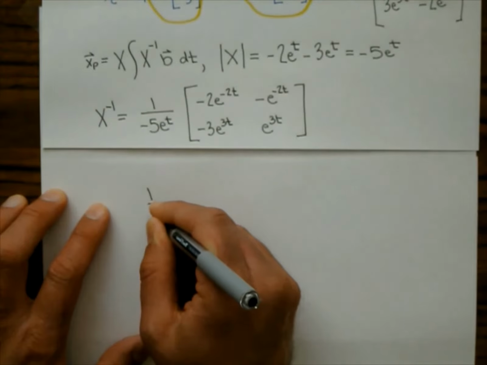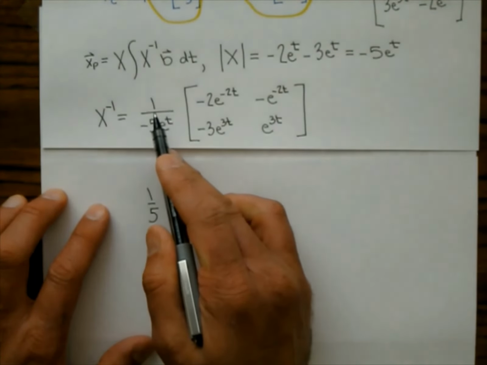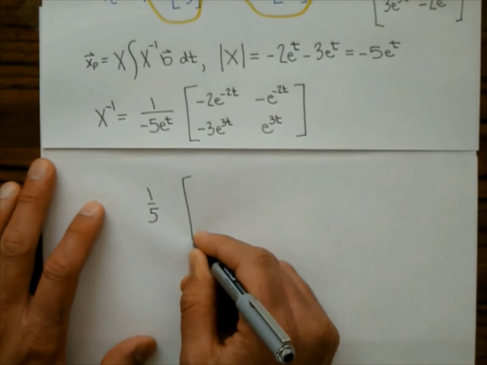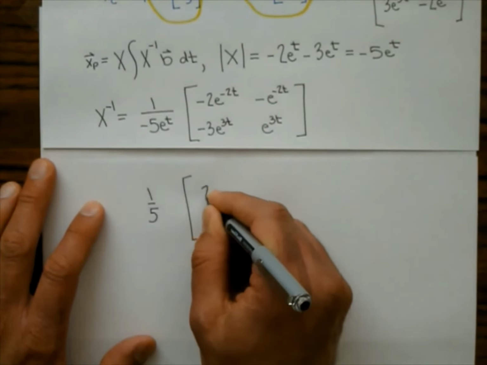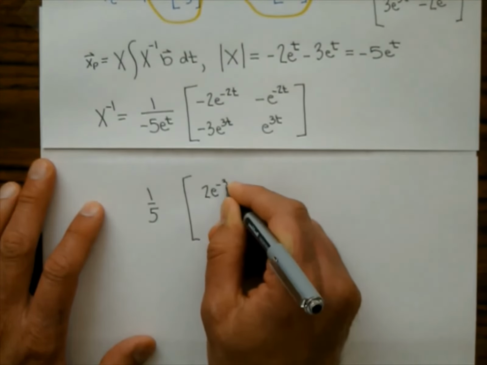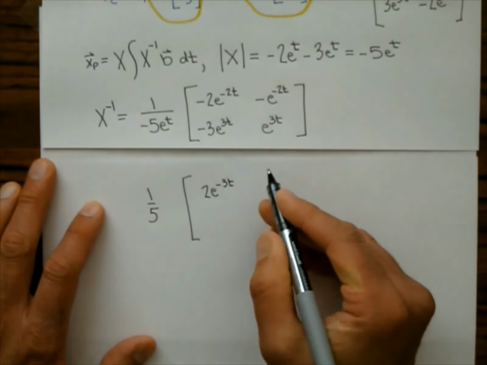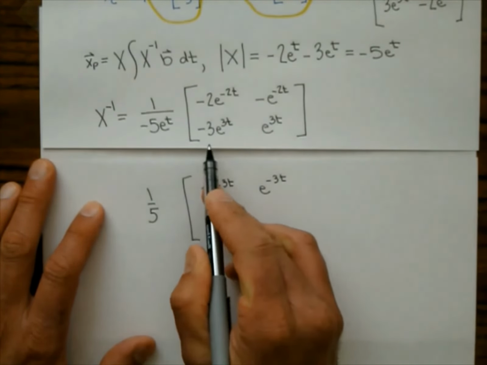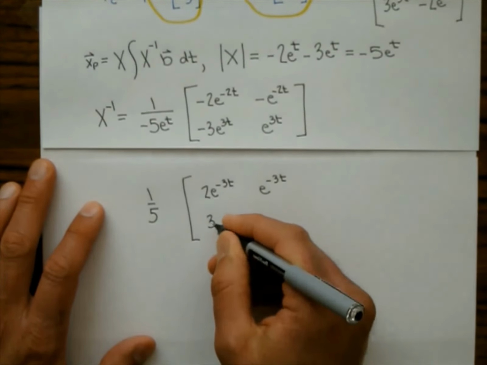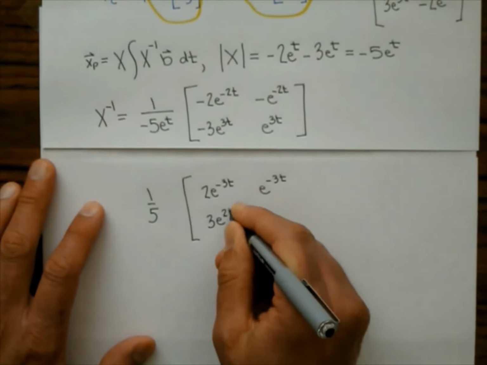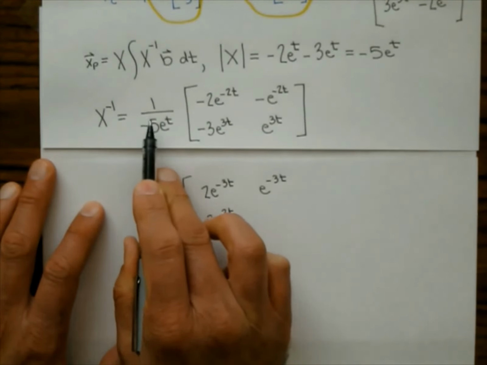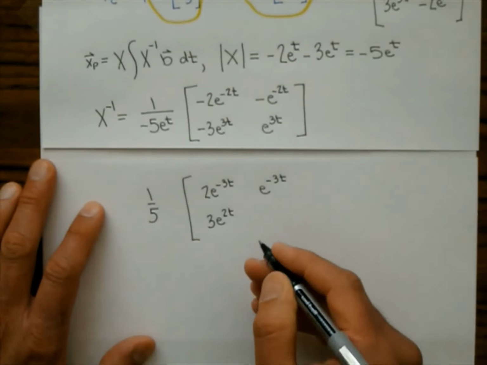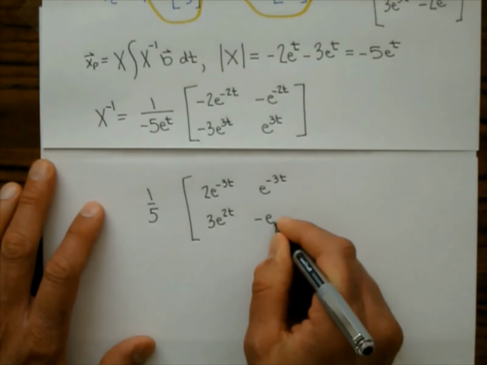So 1/5, and I'm going to multiply through by negative 1 over e to the t. So this is going to give me, for this entry right here, a positive 2e to the negative 3t. And then this one's going to be a positive e to the negative 3t. This one's going to be a positive 3e to the 2t, because once again, all I did was take the 1/5 and leave it out there, because I didn't want to have fractions in here. And then the last one's going to be a negative e to the 2t.